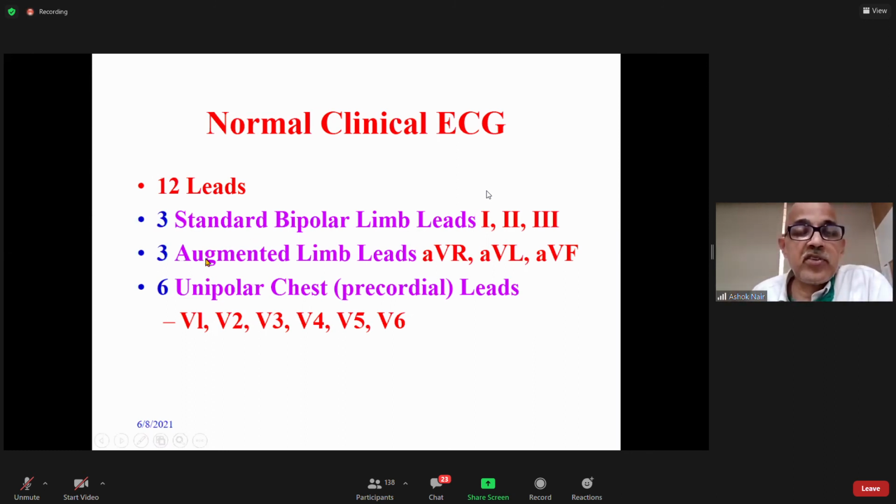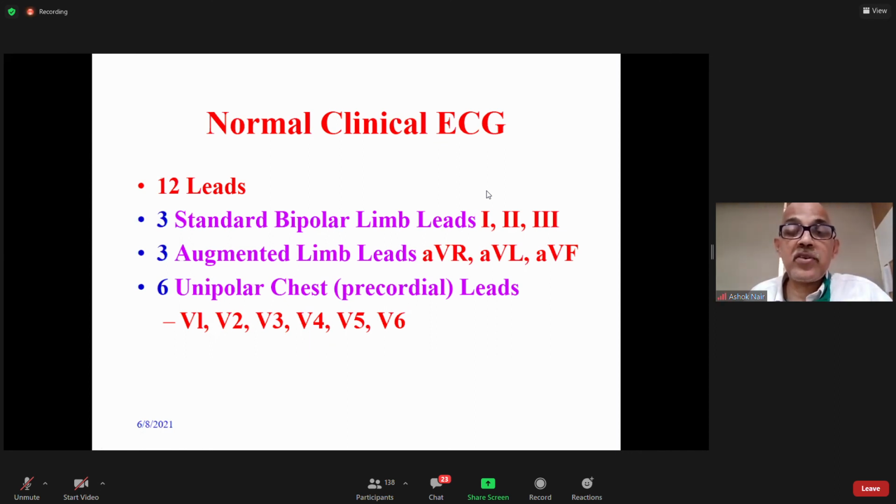In a normal clinical ECG, when ECG is recorded, there are 12 leads. 3 standard bipolar limb leads. Please note, these are leads. These are not electrodes. Right arm, left leg, those were electrodes. 3 augmented leads, AVR, AVL, AVF. 6 unipolar chest leads, V1, V2. Okay, these are leads.